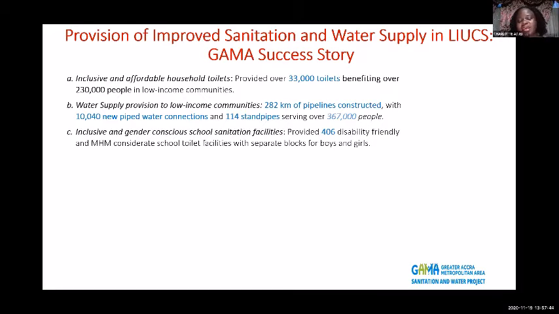For the water supply network, we were able to construct 282 kilometers of pipeline and 10,000 new piped water connections, and then also 114 standpipes, serving over 367,000 people.